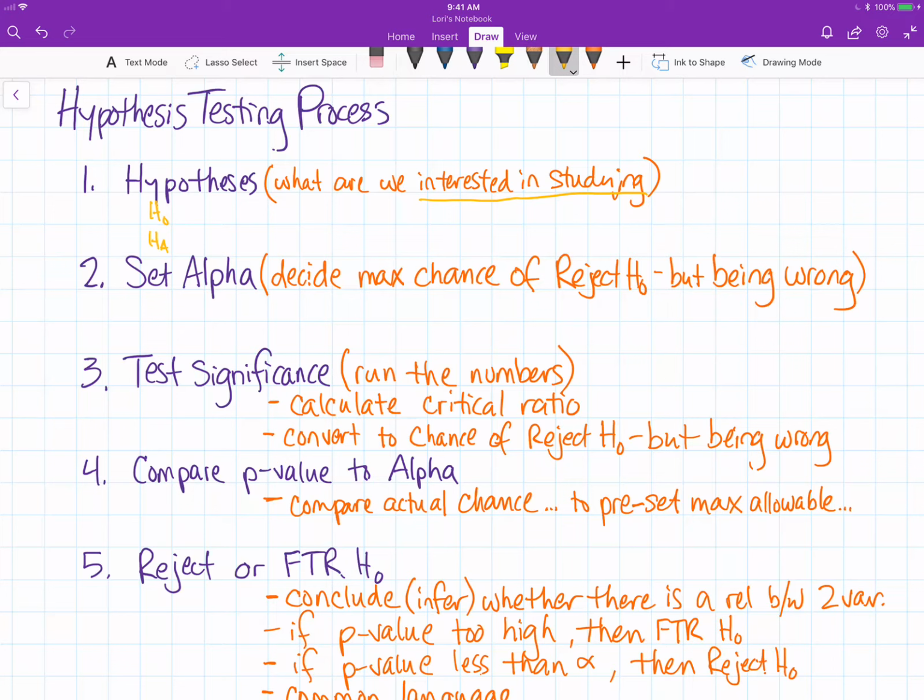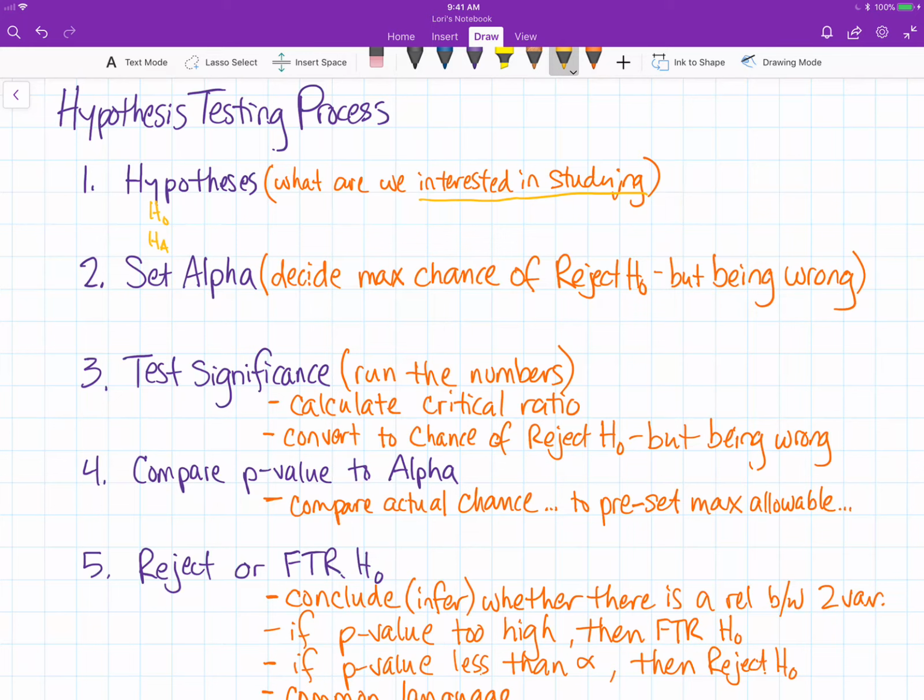And the alternative hypothesis is usually our research hypothesis. It's why we thought about studying this particular phenomenon in the first place. We think that there is a relationship between height and living in a certain location, or we think that there is a relationship between two variables, say gender and height, or height and age, those kinds of things. So what are we interested in studying?